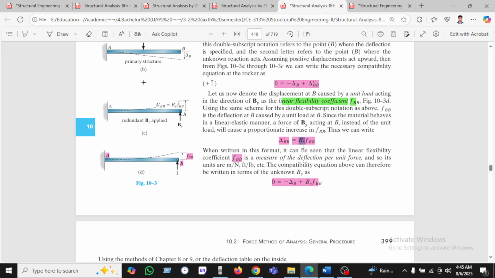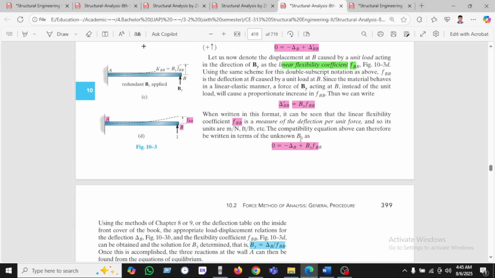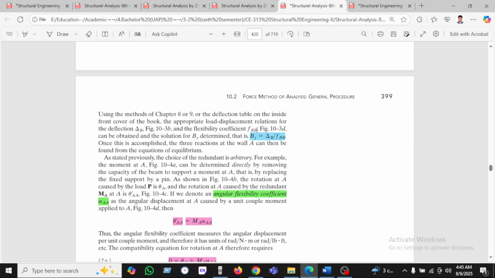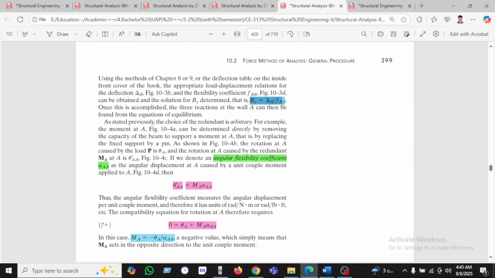We will find By. In this case, the flexibility coefficient FBB is measured as the deflection per unit force. So ultimately our equation will be the reaction By equals the deflection at B divided by the coefficient FBB.